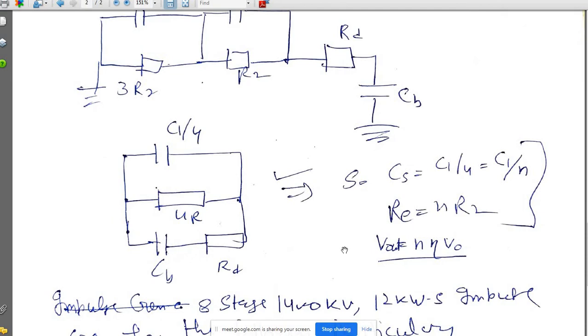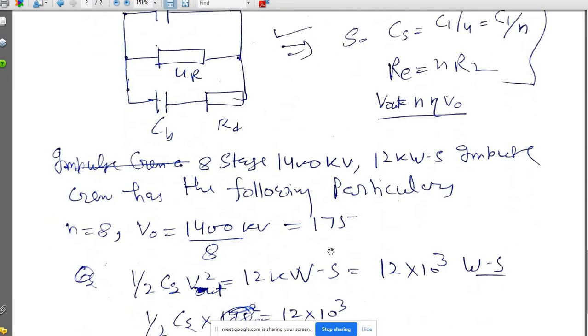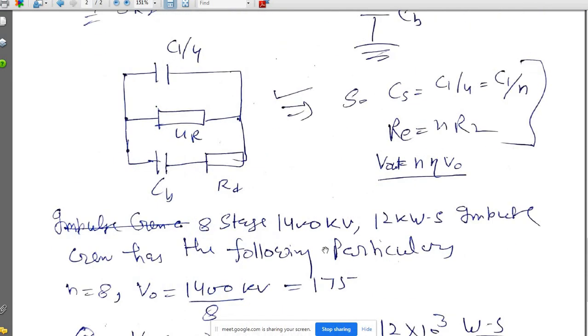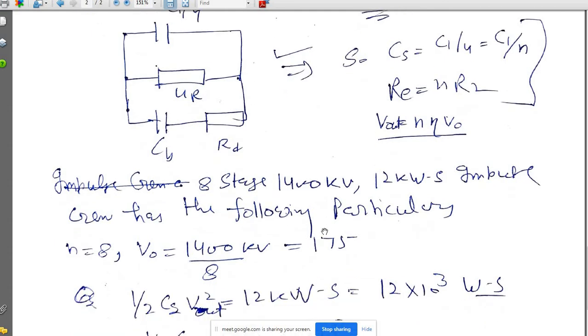This is n times of the V naught. Now what is the rating of this multi-stage impulse generator, or how multi-stage impulse generator is rated, and how the different parameters are calculated.